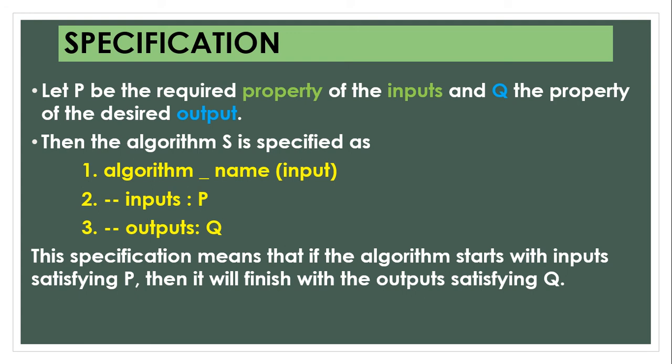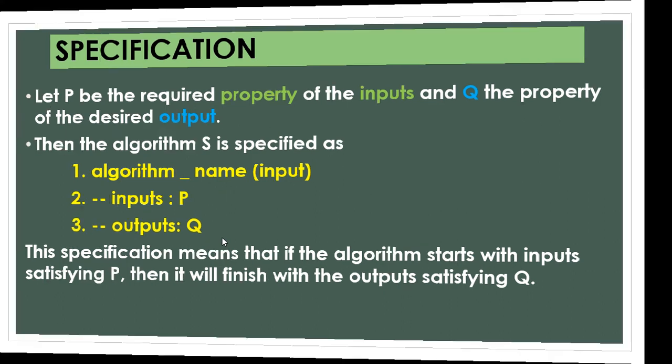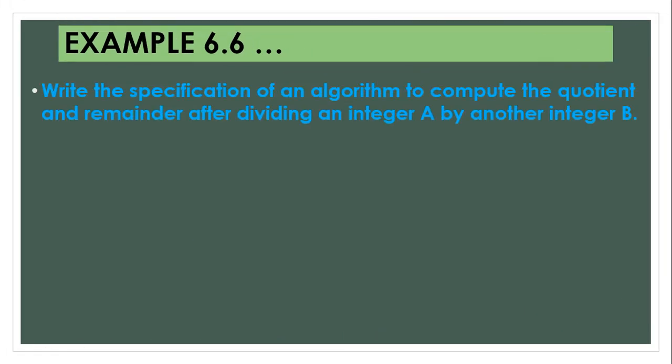So the specification tells us that the algorithm starts executing the program with the value P. Okay? So the properties of input that we have given are the initial value of the variable here. So our execution starts with the value P. At last, after satisfying the property of P, it produces the desired output Q. Okay? So after satisfying the property P and executing, the output we get is the desired Q. So it starts with the initial value P and it ends with the final value Q. This is the specification.